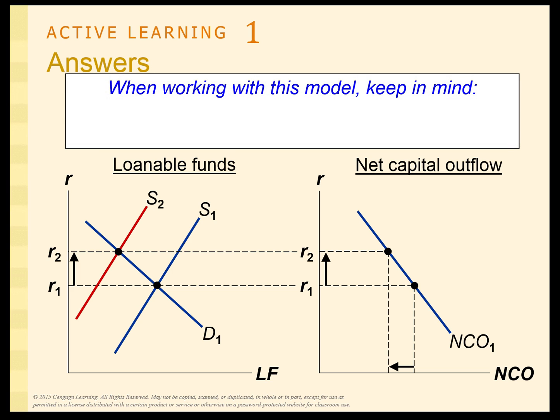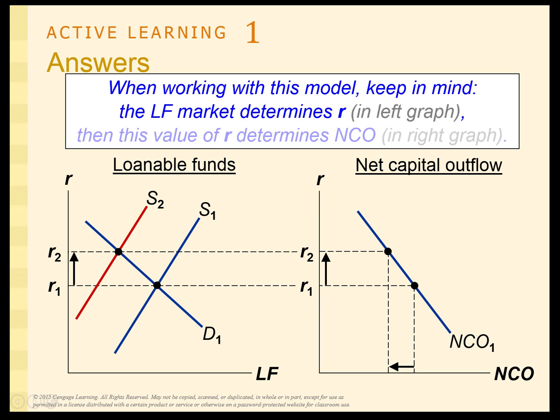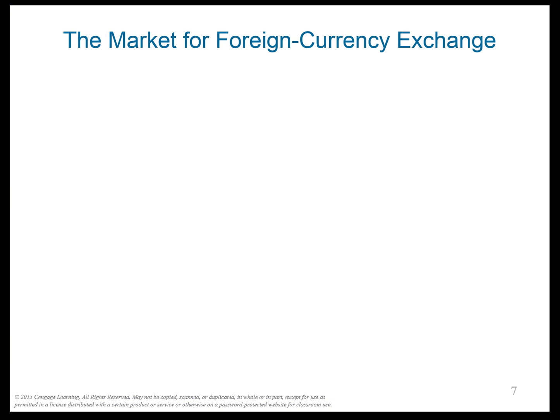So when working with this model, keep in mind that the loanable funds market determines R. So first you start here and you find R, okay? And then you move R over to this side, and then that is going to be what determines net capital outflow. All right? Okay, so let's add one more market because we were actually sort of ignoring a market without knowing it.